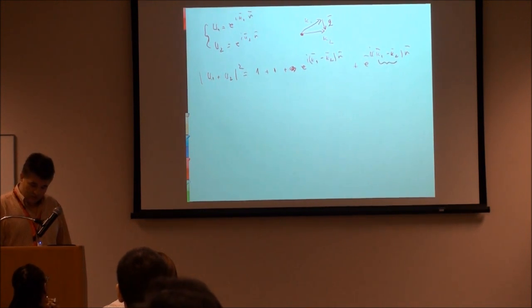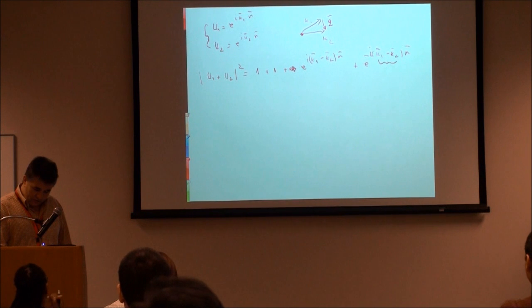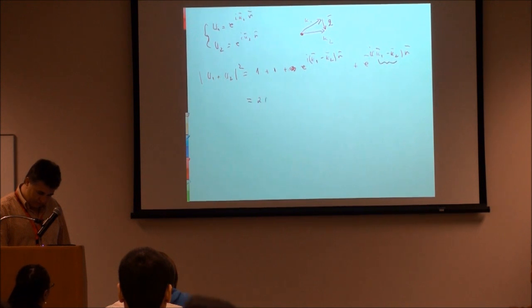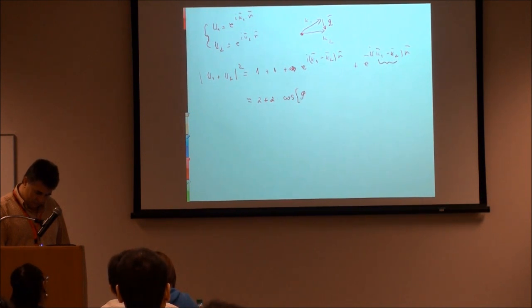Right? So if I expand this, I get something like 2 plus 2 times cosine of q times r. So now what is 2 plus 2 times cosine of qx times x plus qy times y.